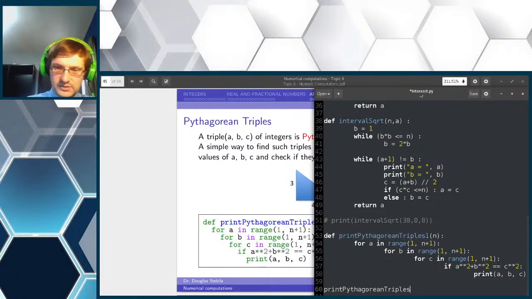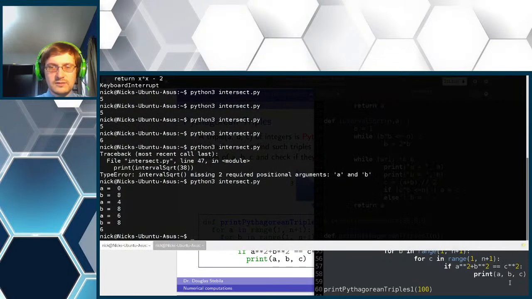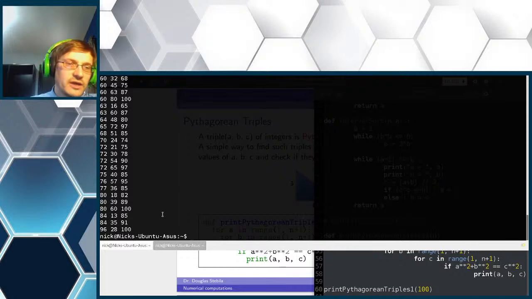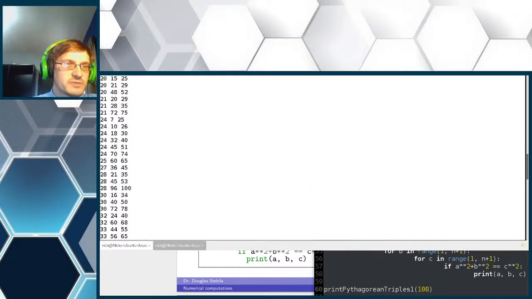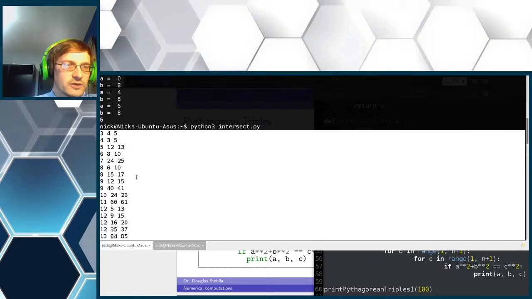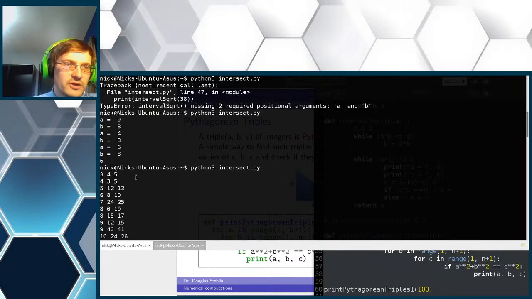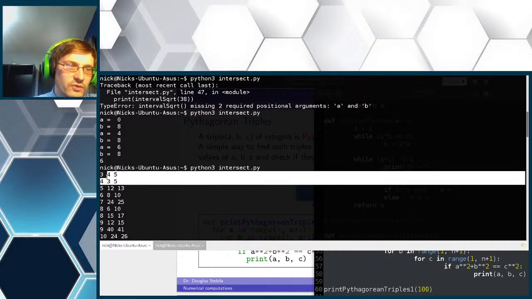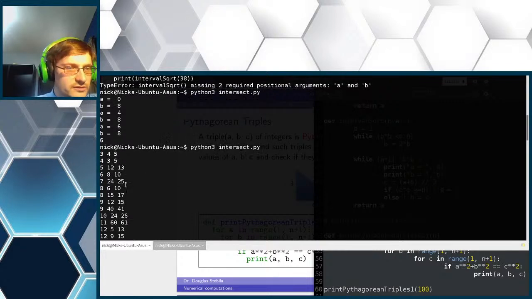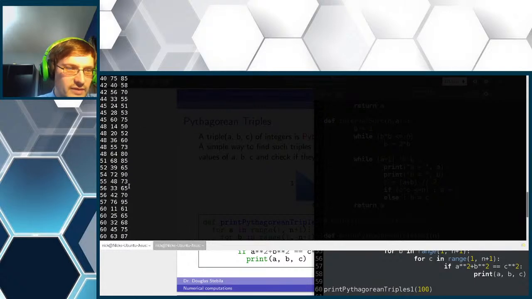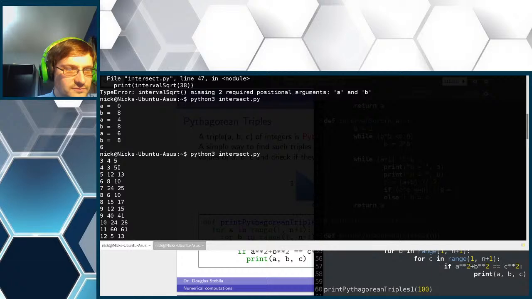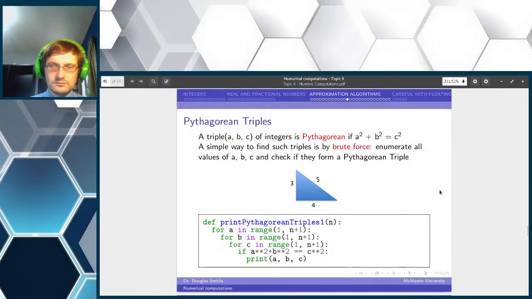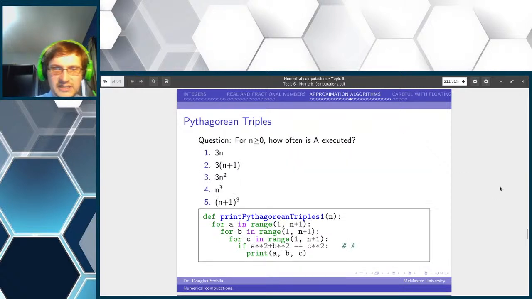And we shall do this up to n. Or no, sorry. We'll do this up to 100. So here are all of the Pythagorean triples that exist for side lengths that go up to 100. But you'll notice that we have some repeated items in here, which is fine, but maybe we can come up with a better solution to that. Incidentally, C is being defined as always being the hypotenuse in this particular example.